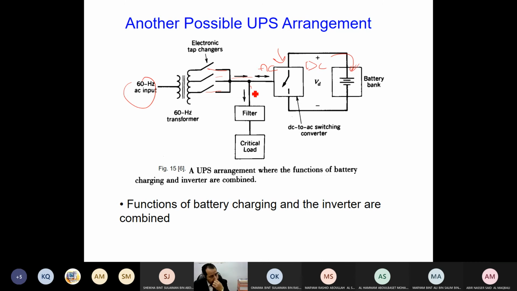And at the same time, power will go to the filter to make sure that we have a good quality signal going to the critical load. When a shutdown occurs here, the battery will work. Power will come from there. It is DC, it will convert into AC. Oh, this is the inverter now. It's the same circuit, working as an inverter, and supplying the load.